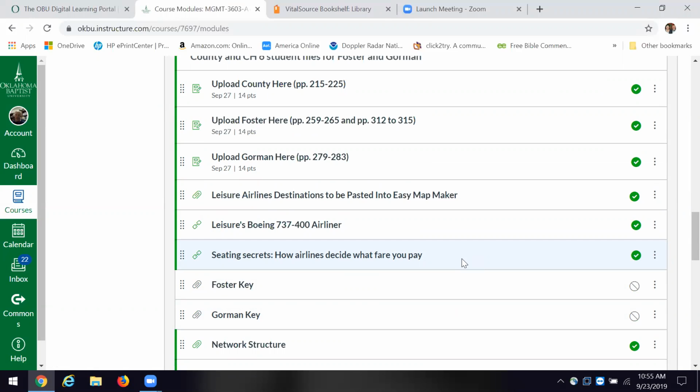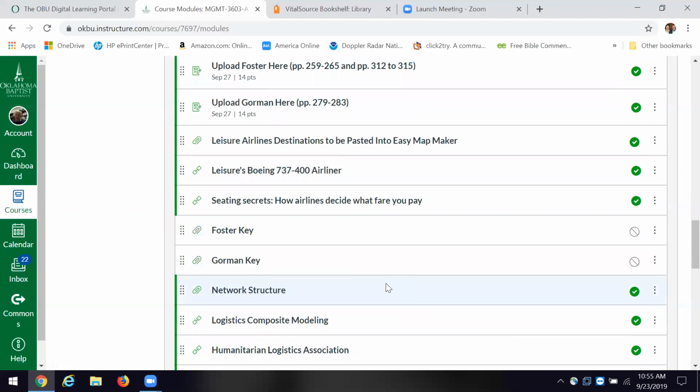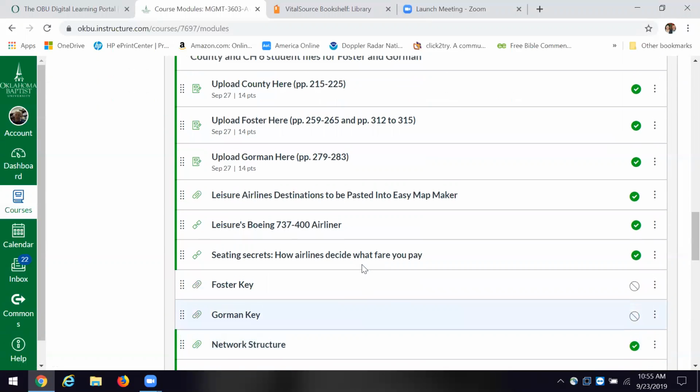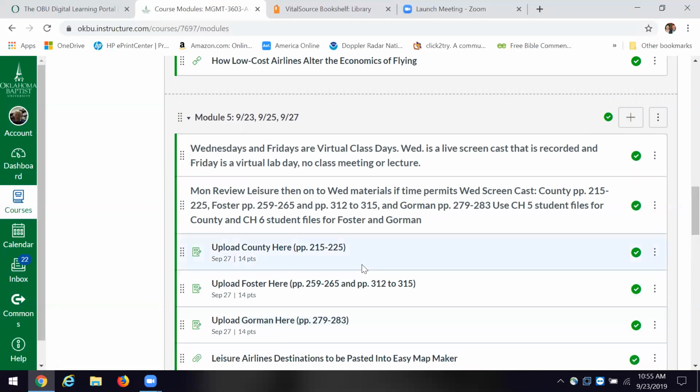They make those decisions, and they do use revenue maximization techniques doing them. And then some information about network structure and logistics, composite modeling, because we were dealing with a networking problem this week, one of them.